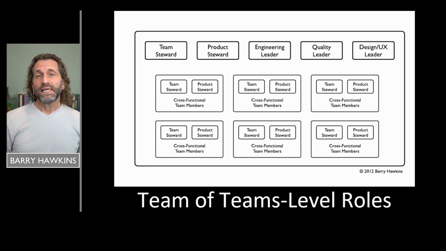The team steward role is sometimes taken on by the engineering discipline if they are the ones that have historically been running the development process. But it's important to note that once you get to this scale, the amount of development process, dependency coordination, and scheduling that's involved typically goes well beyond being a side job of engineering management. And as such, this is usually the point at which a dedicated delivery management discipline is introduced into the organization.